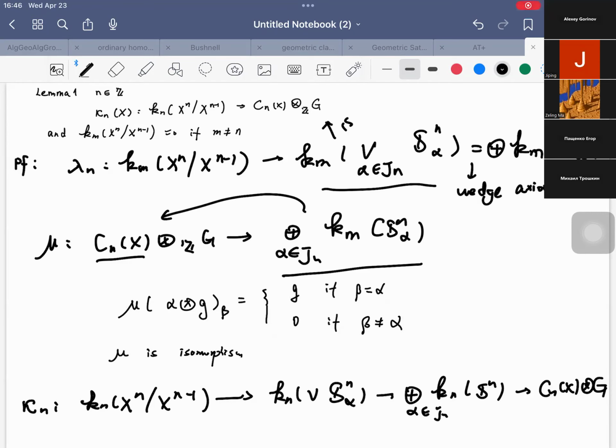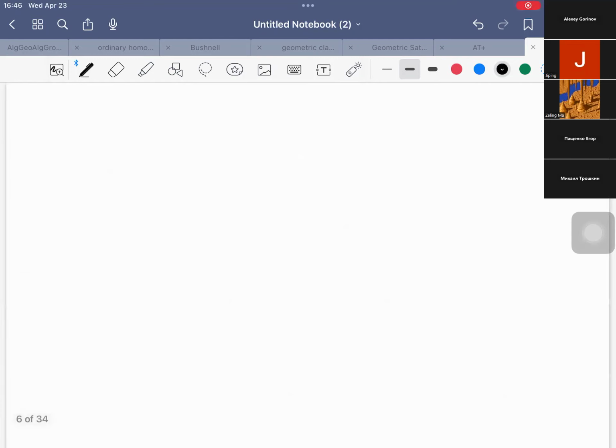Are there any questions? Anyone? Well, let's continue. Now we want to show a property. First, the reduced cohomology of X^n is equal to 0 if i is larger than n.